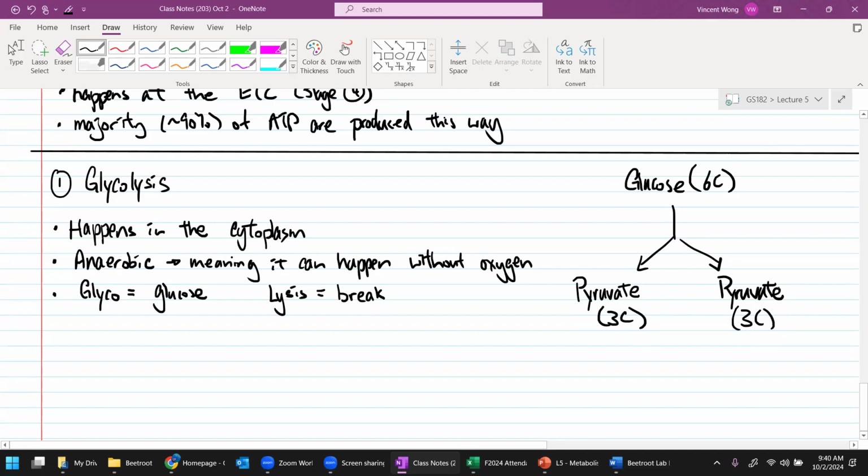Okay. One glucose is split into two pyruvate.